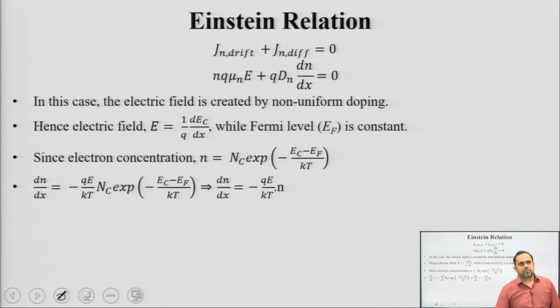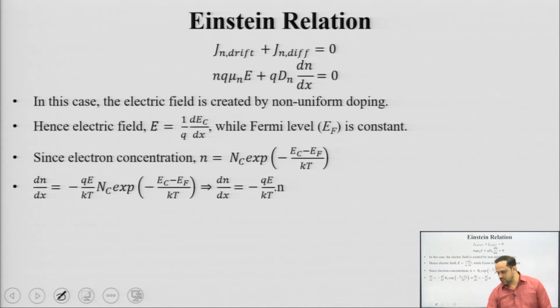So, if drift is balancing this diffusion, the electric field is created by this carrier concentration gradient, or it can have non-uniform doping also. The electric field by definition you can say that it is equal to energy gradient per unit charge. E_c here represents your conduction band energy.